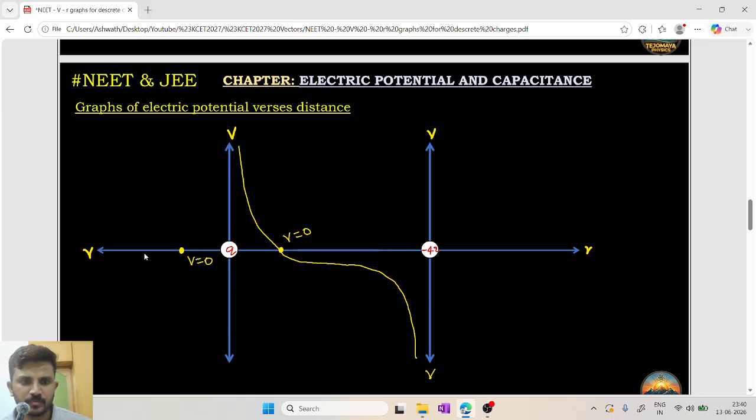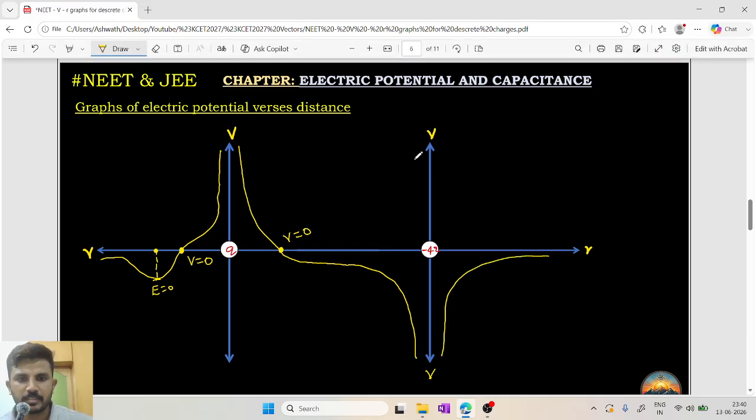Potential, so this side, like this. So this is the point where electric field is 0 because here the slope is 0. Here electric potential is 0, here electric potential is 0, and this side you can draw like this. Okay, practice this.